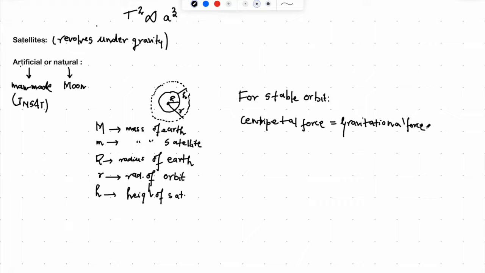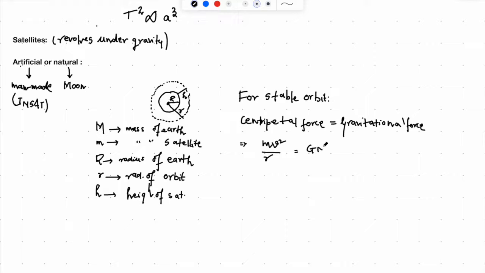If you're talking about the centripetal force, we have already seen it before. You might have derived it before also: mv square by r. v square by r is the centripetal acceleration. Multiply it with mass, and you get the centripetal force, which is equal to the gravitational force.